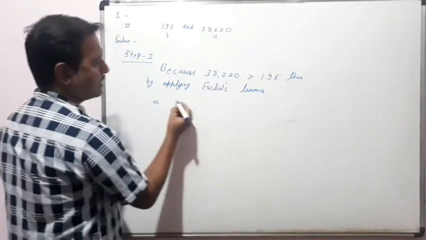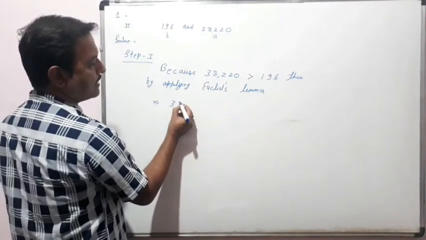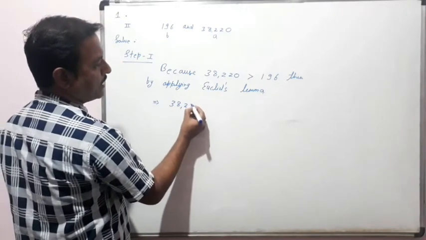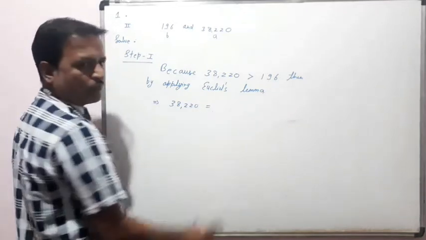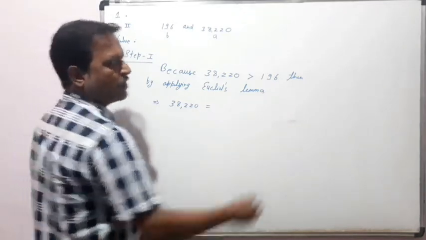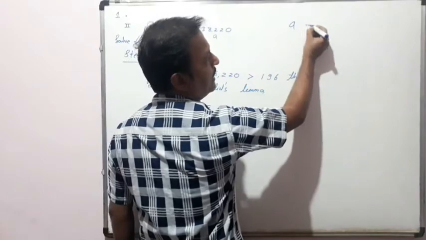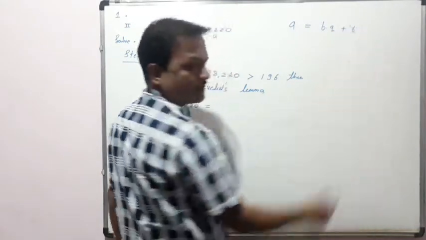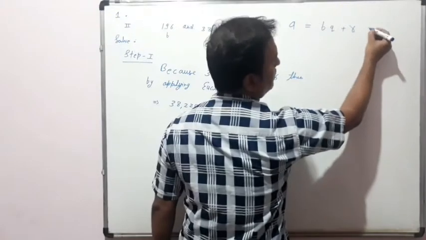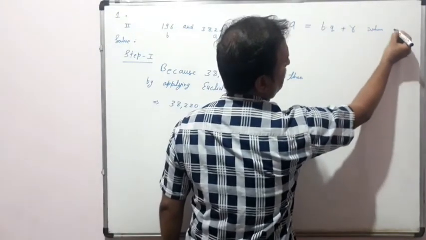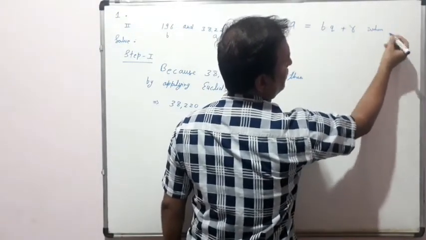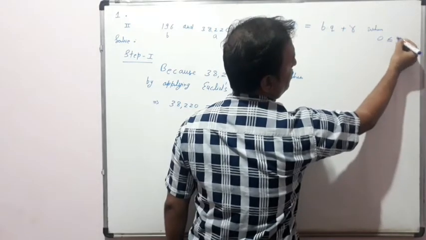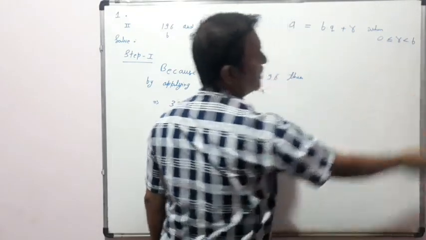Euclid lemma is A is equal to, that is 38,220 is equal to, what is Euclid lemma? A is equal to B into Q plus R, where 0 is less than or equal to R is less than B.